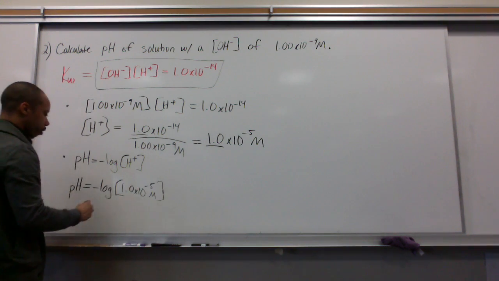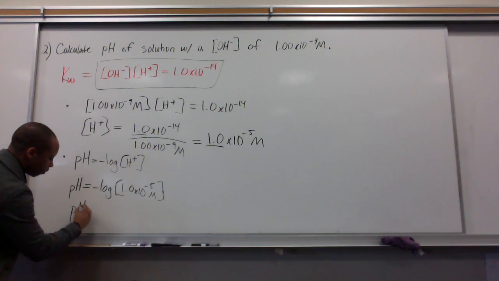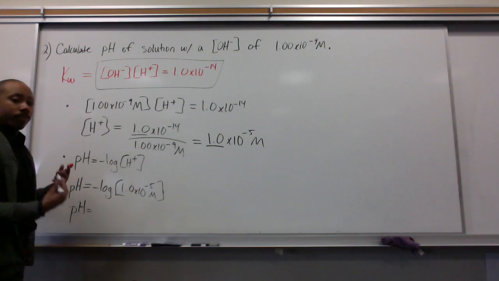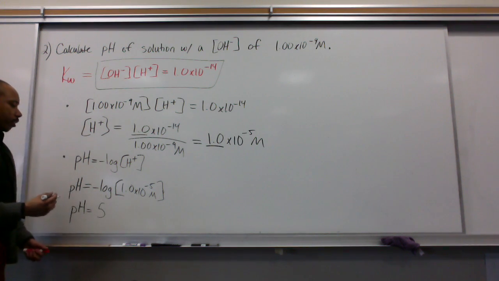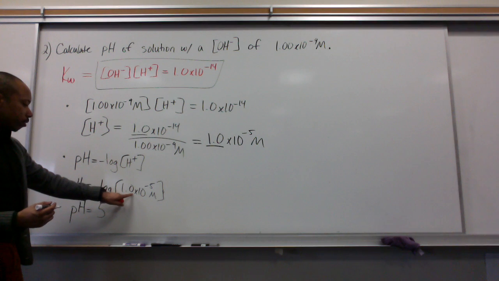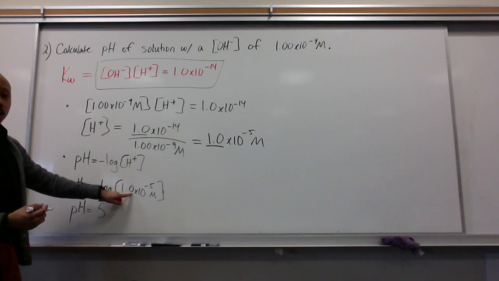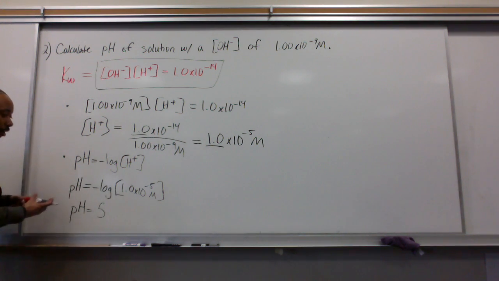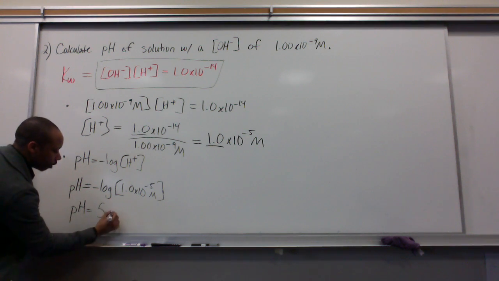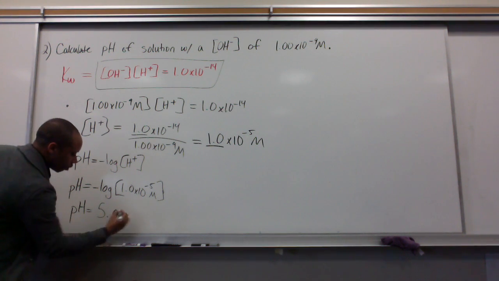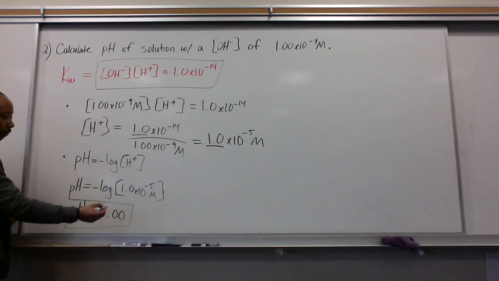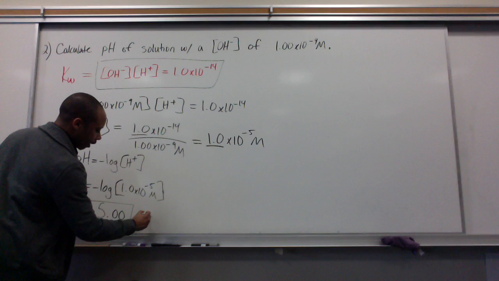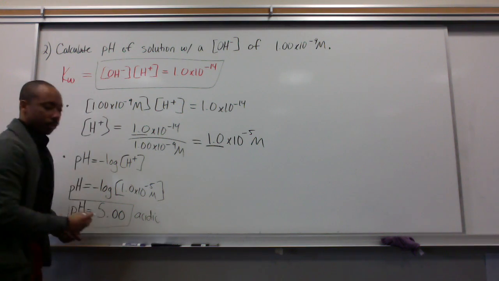When I do so, I get a pH that is equal to 5. Now I look at my number of significant figures here. I have 2 significant figures, so I'm going to have 2 numbers after my decimal point. Now those are going to be zeros. 5.00. This is a pH of 5, thus this is going to be an acidic solution.